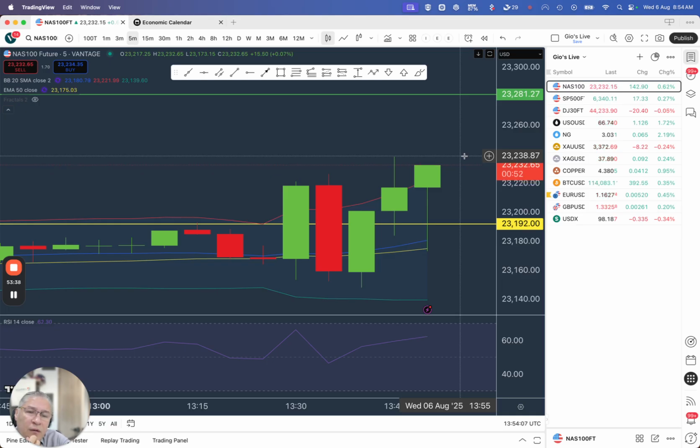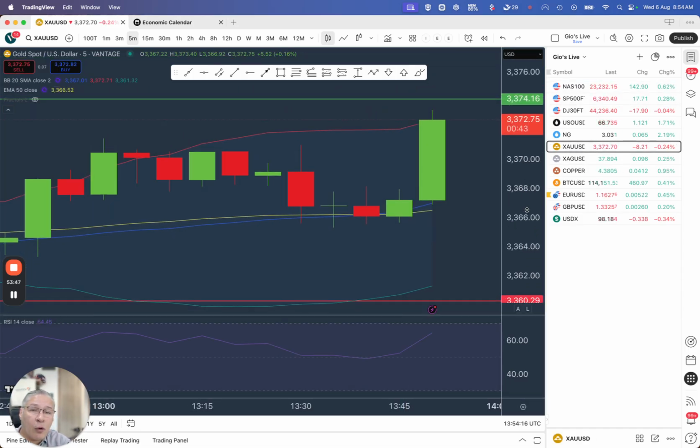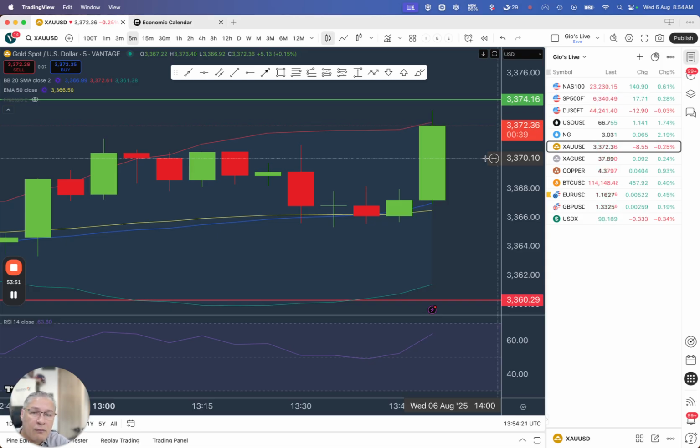Look for momentum, price action. You've heard about price action before. So when we were looking at gold and I was giving you possible targets of 3370, 3372, I was looking at the momentum of the candle, but also understanding that because of the dollar, I was looking at the dollar index and how it was dropping.